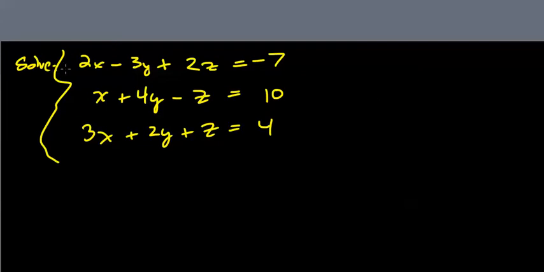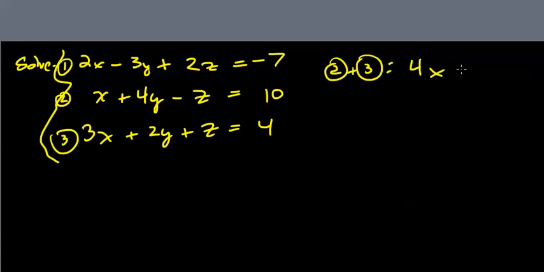Alright, I'm going to label these equations like I had before. And I notice if I add equations 2 and 3, I get an elimination of the z variable. Alright, so let me do that quickly. I'll get a 4x plus 6y equals 14.